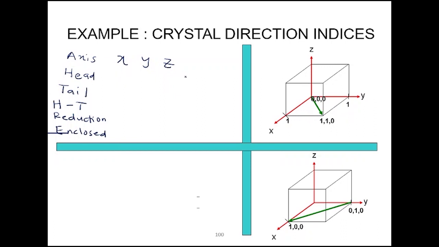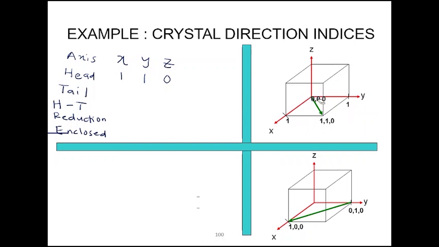Then we take a look at the coordinate of the head over here. The coordinate is 1 for x direction, 1 for y direction, and 0 for z direction, it doesn't go up. So we write here for the head, x is 1, y is 1, and z is 0. After that, for the tail, the coordinate is 0, 0, 0.